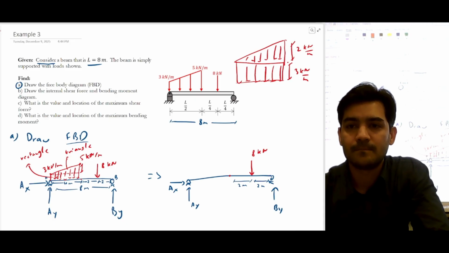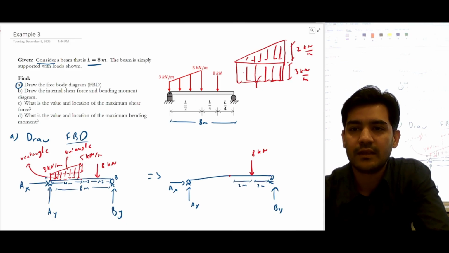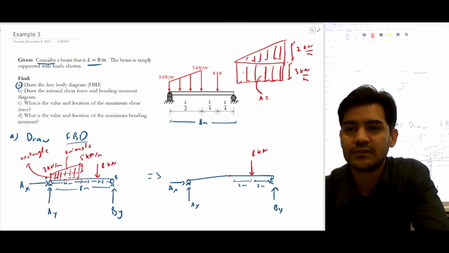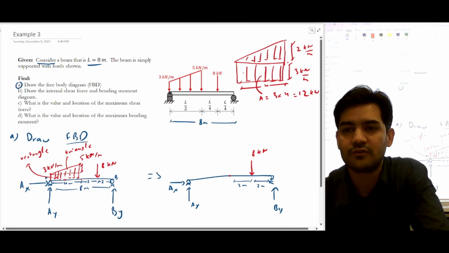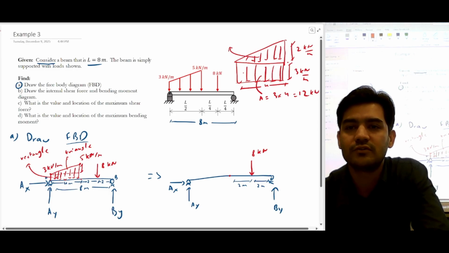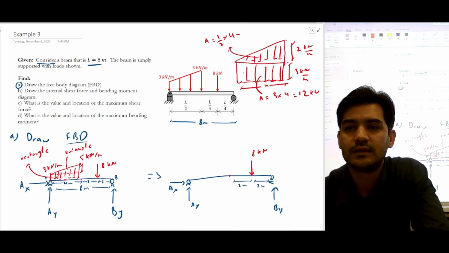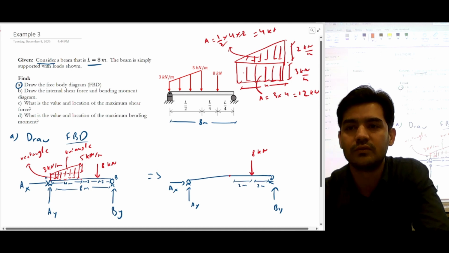If we calculate the area for the rectangle, this is 4 meters, so it's 3 by 4, which is 12 kilonewton. The area for this triangle would be one half into length into height, so it's going to be 4 kilonewton.